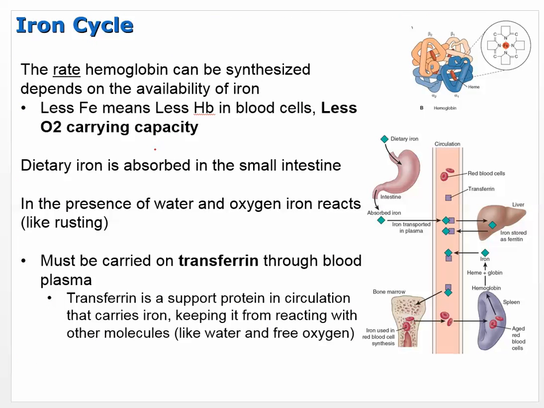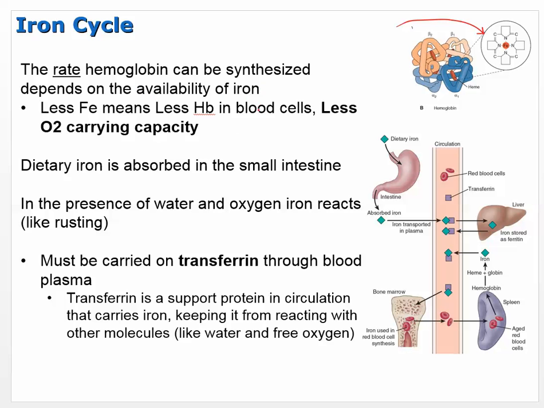So what happens to iron? We know that we get it in our diet, but for the most part, we simply recycle it. Now we've already seen that iron is a very important part of the heme molecule. So the rate at which hemoglobin can be synthesized depends on the availability of iron.